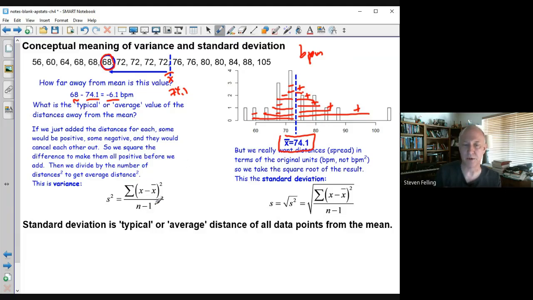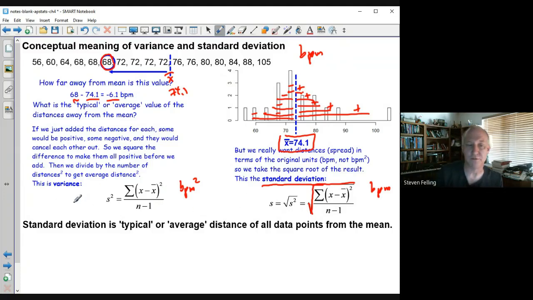We add them up and we divide by a number that represents the total to get the average distance squared. Okay, the problem is because we square the distances, that means that this would be in the units beats per minute squared, which is not the reading of the data set. So what we really want is something that has the same units. So we end up just taking the square root of that whole thing to get it back into the units beats per minute. And that thing right there is called the standard deviation.